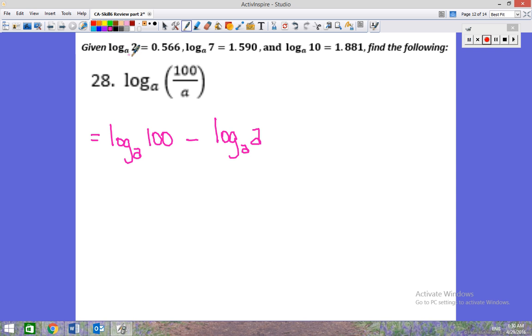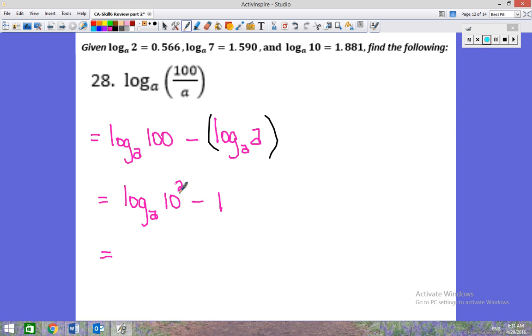Now I don't have log of 100, but I do have log of 10. All right, and I know that 100 is 10 squared. And now, again here, A to what power is equal to A? Well, I know that this guy is just 1 in disguise. I know that this log base A of A is equal to 1.